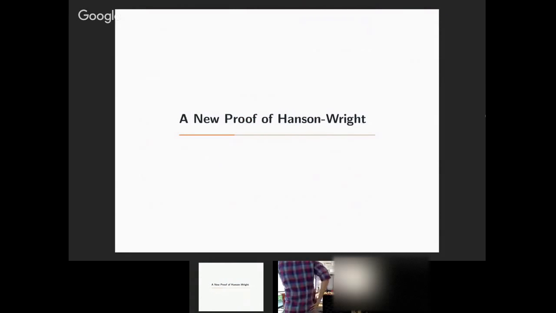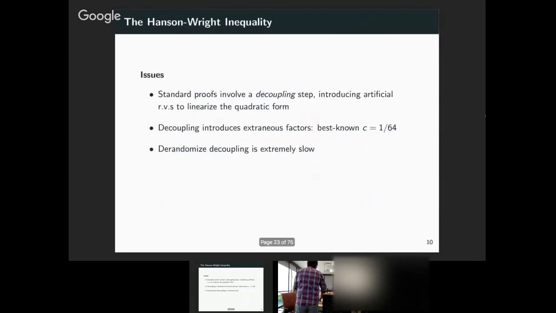What I'm going to do now is show you a new proof of the Hanson-Wright inequality. So I haven't even done the proof of Hanson-Wright. And why do I want a new proof? Well, there are many reasons. The most important one, if you have ever seen these proofs, is that at some point they use some kind of decoupling step, which allows us to partition this quadratic form in a nice way, getting linear terms, and you can condition on those.